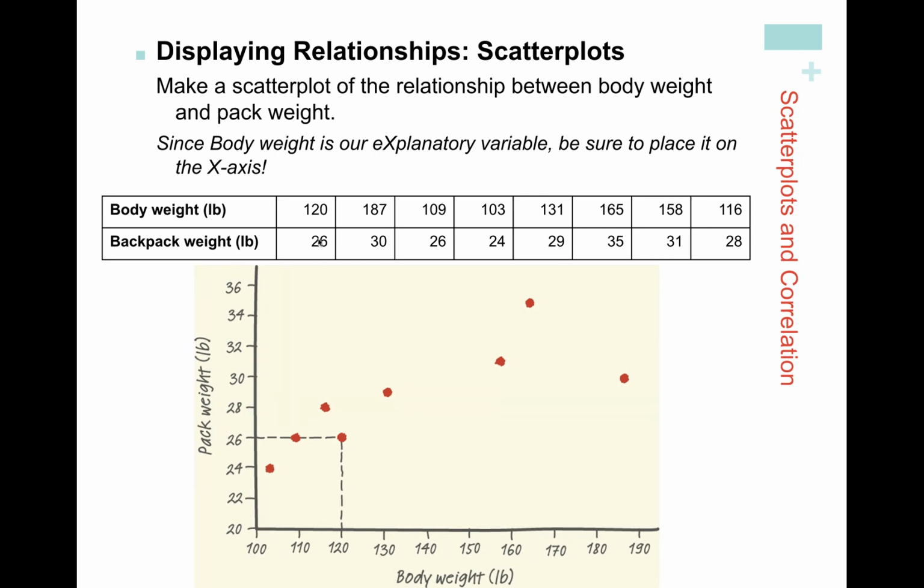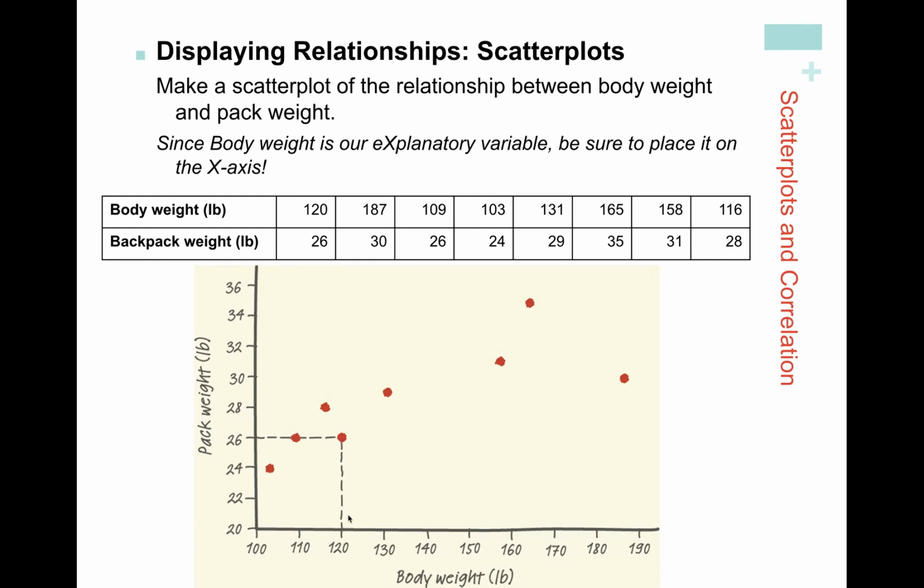And each one of these is paired data. So this 120 and 26, these go together. This is the X value and the Y value of a student who weighs 120 pounds and whose backpack weighs 26 pounds. And where is that? Well, that datum is right here.